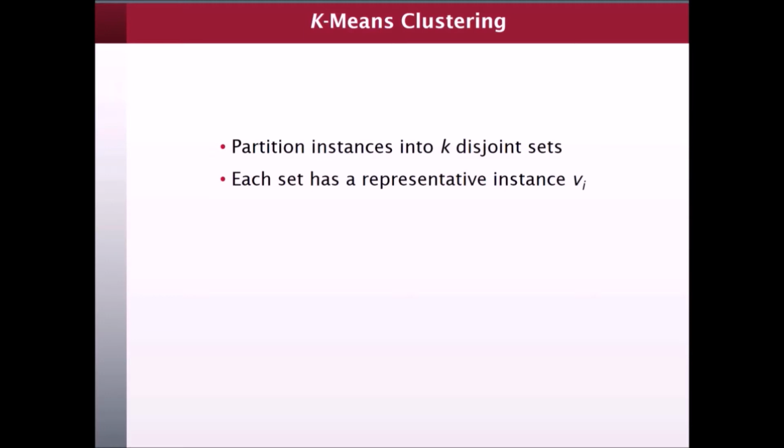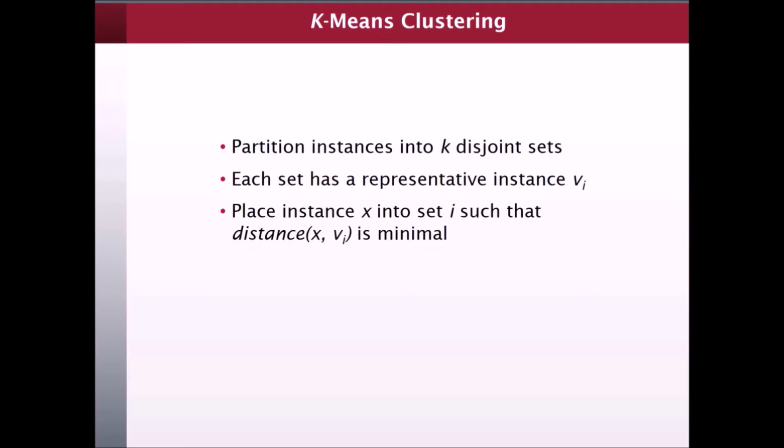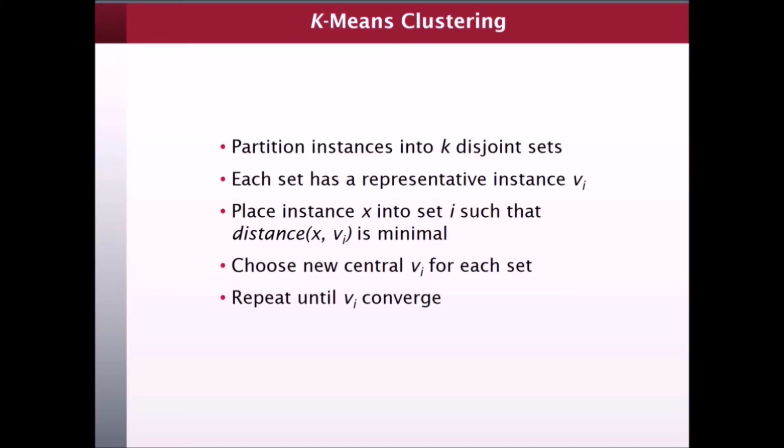In the clustering algorithm, we put each data point or instance x into a set i such that the distance between the data point and the representative is minimal over all possible sets into which the instance could be put. Then we choose a new central or representative data point for each set and repeat until those points converge.